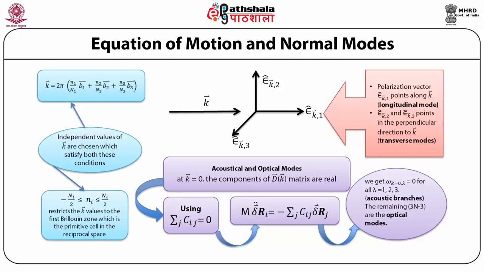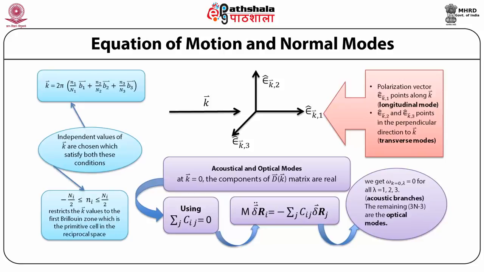The displacement delta R_i from the previous equations for k equal to 0 is real and k independent. So if we use the special property of this C_ij matrix, that is the summation over j of C_ij is equal to 0, we immediately get that omega(k=0, lambda) is equal to 0 for all lambda equal to 1, 2 and 3.